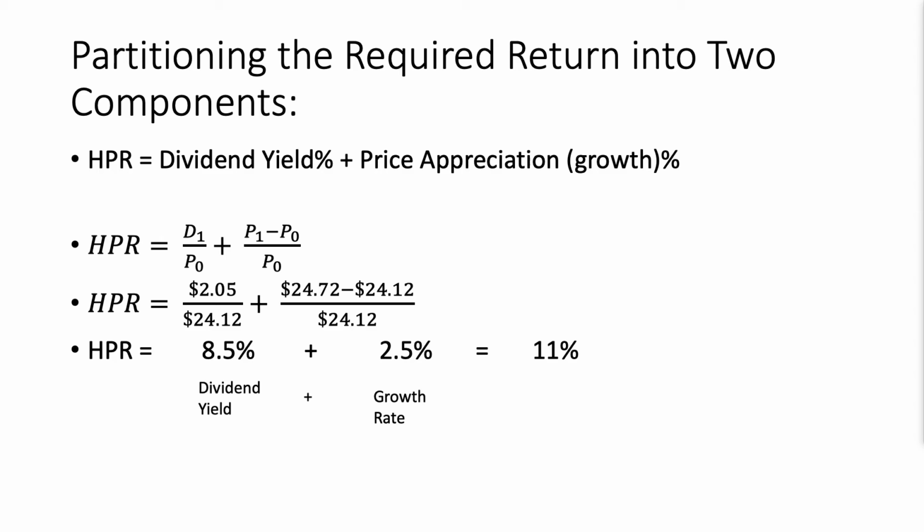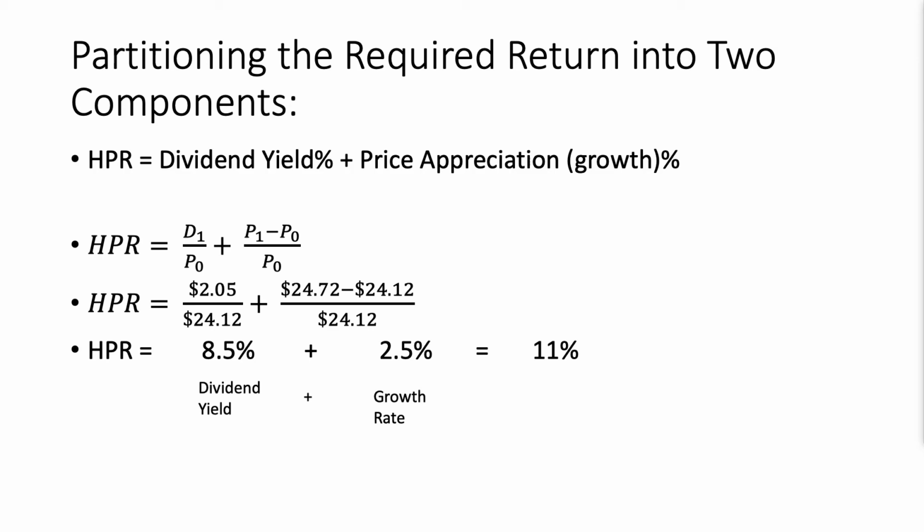So somebody who buys that stock gets a dividend, and the dividend yield is 8.5%, and the price of the stock goes up. So there's really two ways to make money with a stock. One, it pays a dividend. Some stocks don't, but this one does. And number two, the price of the stock rises.